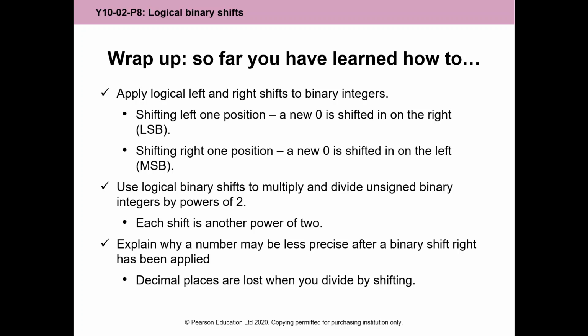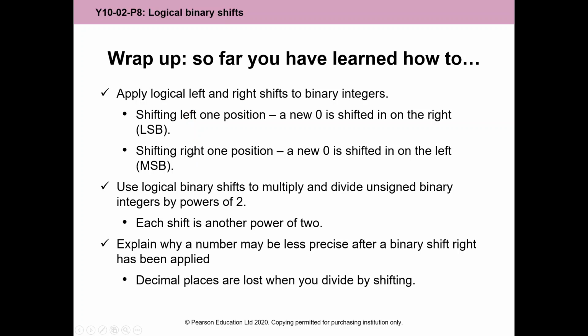So we want to be able to apply logical left and right shifts to binary integers. Integer means a whole number, binary means zeros and ones, and a logical shift, remember, only works with unsigned integers. Going left one position means that you multiply by 2.